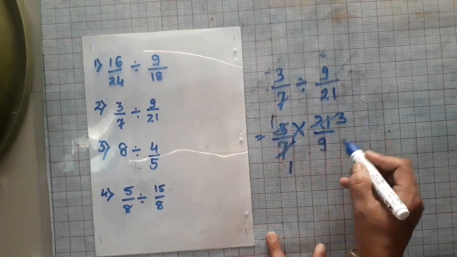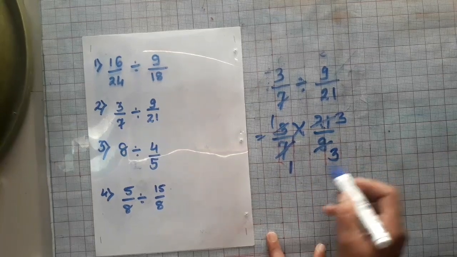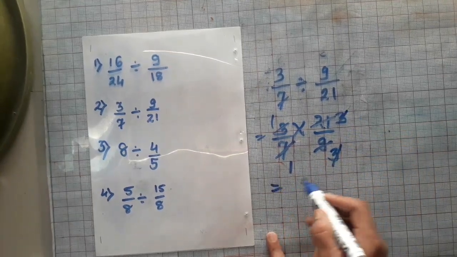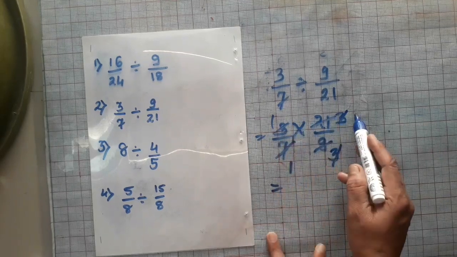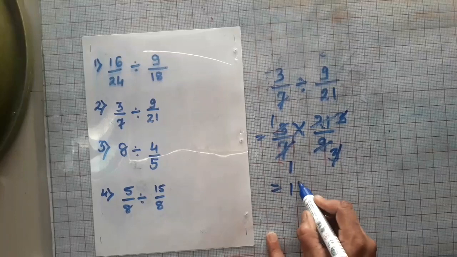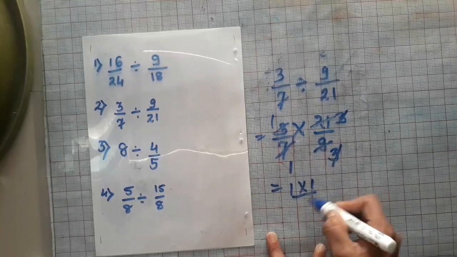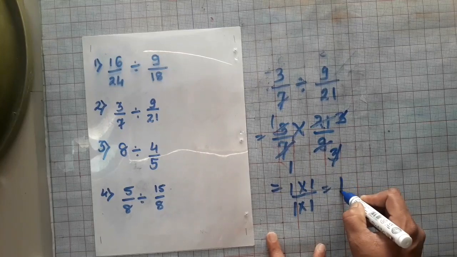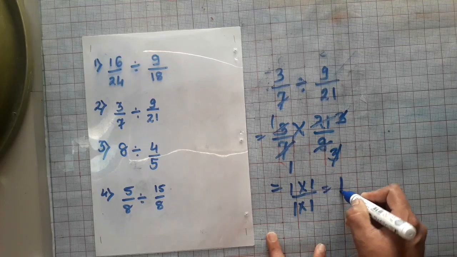So 3 1s are 3, 3 3s are 9, and this 3 again will go away. So what is left out here? Nothing in the numerator, that is, don't write 0, you always have 1. That is 1 1s are, and in the denominator also you have it as 1 1s are. So what is the answer? 1 is the answer.